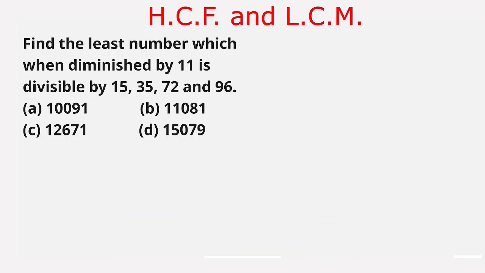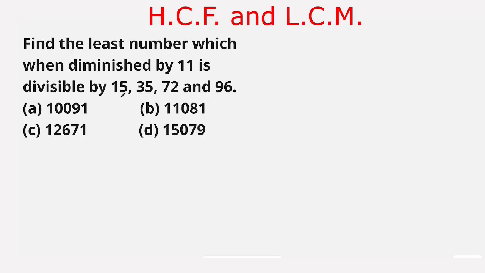We can solve this question from the given options. On observing the numbers 15, 35, 72 and 96, if we divide the given options after subtracting 11 from the options, then the numbers must end with 0.